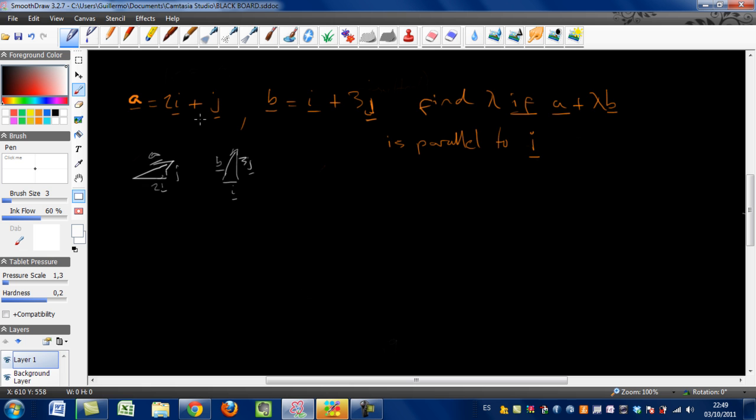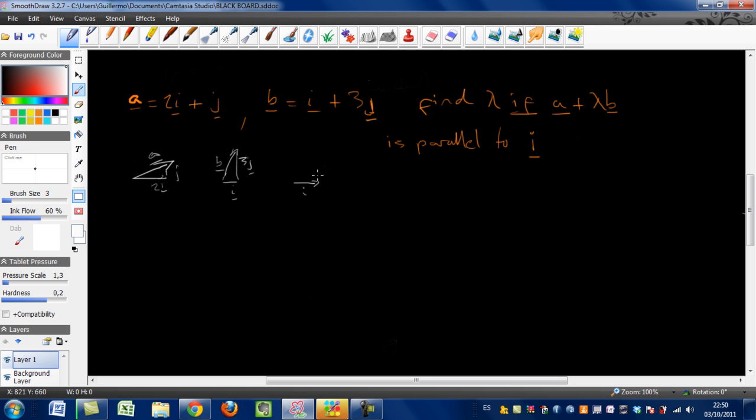So what this is saying is, given that you've got these two vectors, find a number, lambda, which means that when you add a plus that number times b, we get something in the end which is going to be parallel to i. So in this direction.